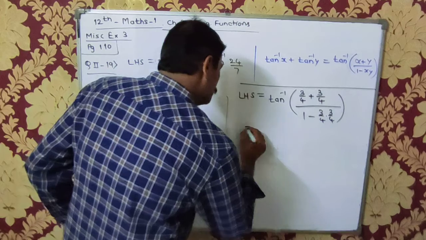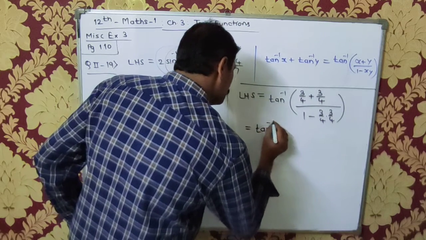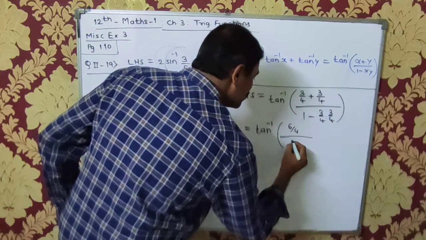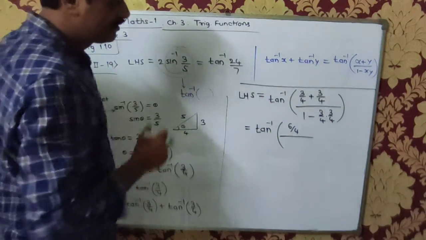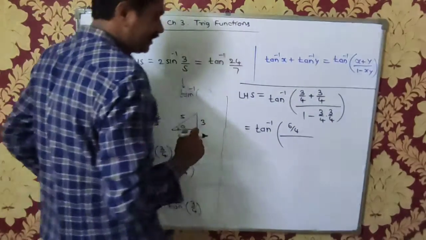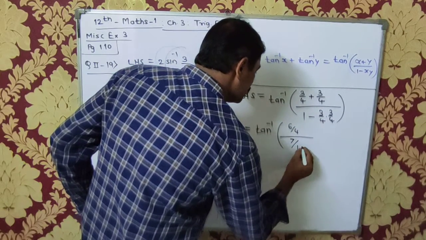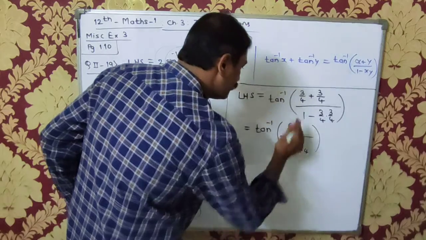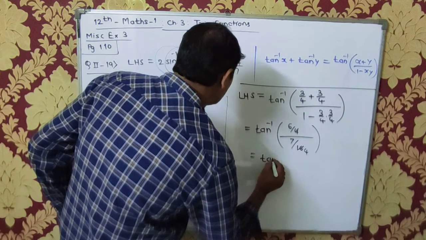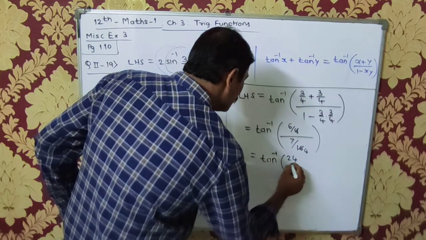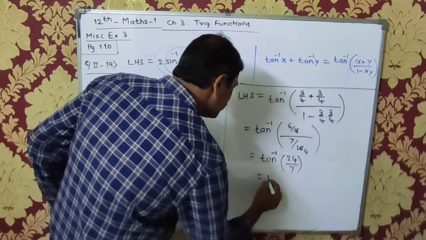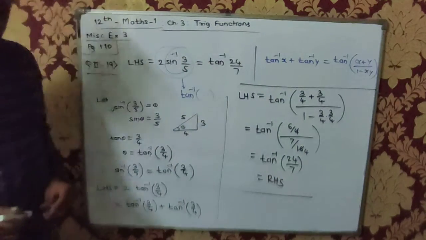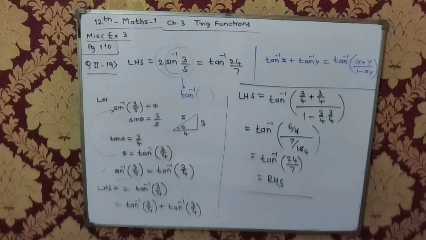Now that is equal to tan inverse of 6 upon 4 divided by 16 minus 9 upon 16, that is 7 upon 16. So this is 4 the 16 and ये 4 ऊपर जाएगा. So this is tan inverse of 24 upon 7 and that is equal to RHS. Please check. Is this okay? Please have a look at it.